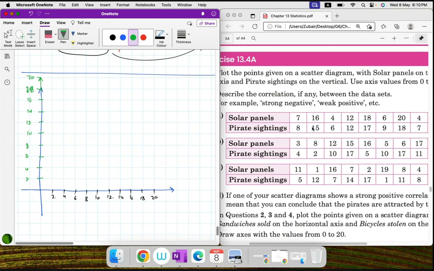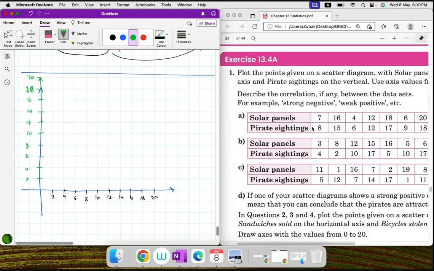So solar panels on the horizontal axis and pirate sightings on the vertical axis. So 7 and 8. This is 7, this is 8. First one done. 16 against 15. 4 against 6. 12 and 12.